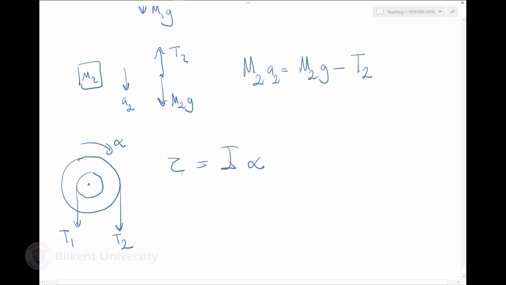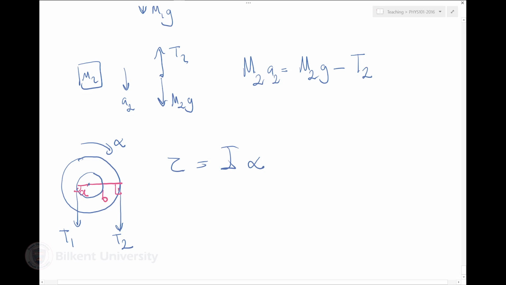I is given, so I need to write the torque. But here, please follow me instead of taking notes. This is important. How do I find the torque here? So T2 is acting with a radius of B, while T1 is acting with a radius of A. The angle between the radii and the force is 90 degrees. Now, I chose alpha to be clockwise.